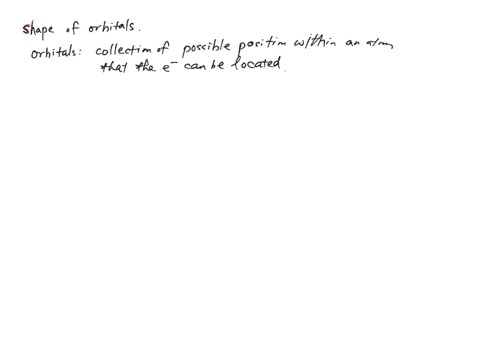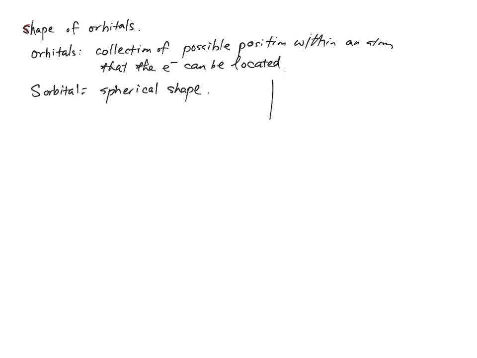start from the simplest orbital. So the s orbital, or s subshell, however you want to call it, and we say the s orbital has a spherical shape. What do you mean?